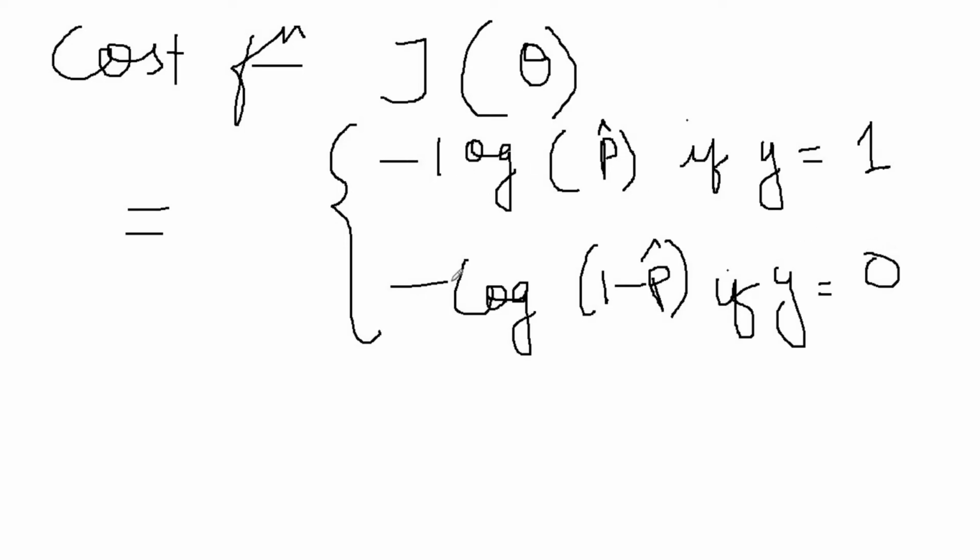These minus signs are there to negate the minus signs. Usually this log of the predicted probability value will most of the time be negative. Hence, to negate that, we use this minus sign when y is equal to 1.